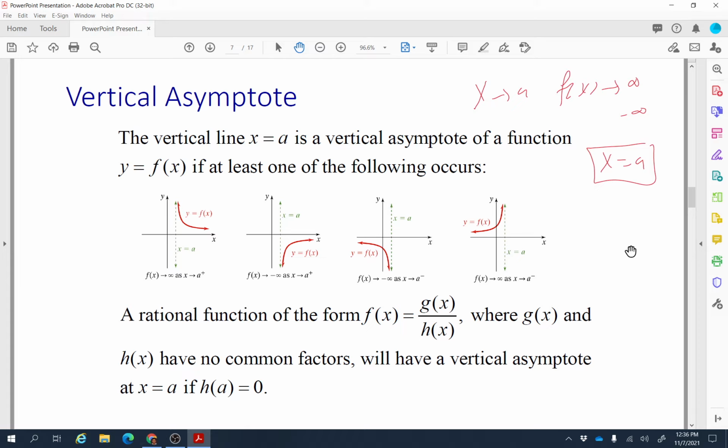For example, let f of x equal x minus 1, x plus 1 over x minus 3, x plus 1. First cancel the common factor. Now whatever is left on the denominator, which is x minus 3, equate with 0 and solve for x. That is your vertical asymptote.